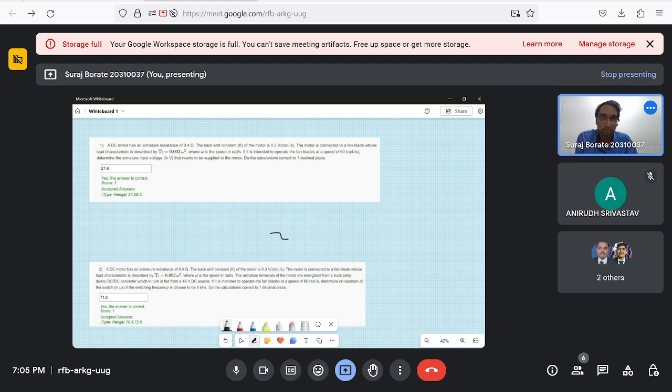Okay, so we have to determine the on duration. On time we have to find out. If we go in reverse, on time divided by the total time will be our duty cycle, right?